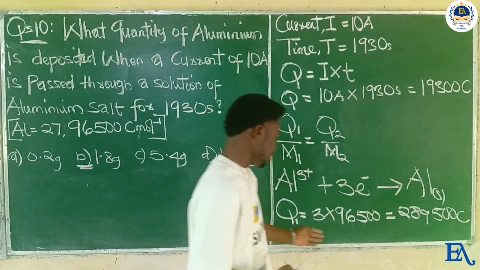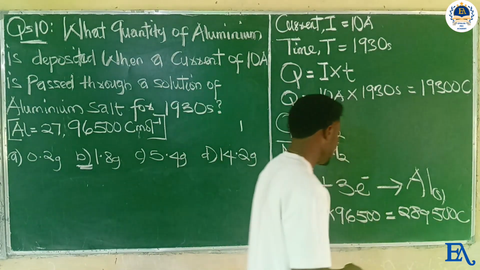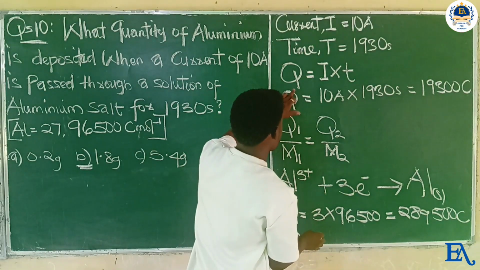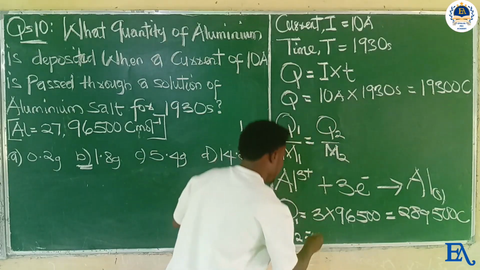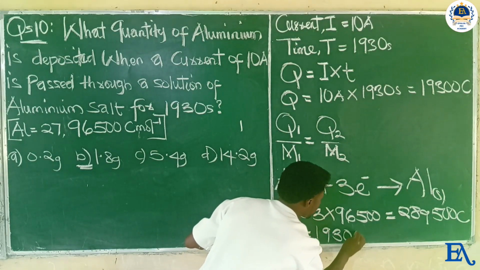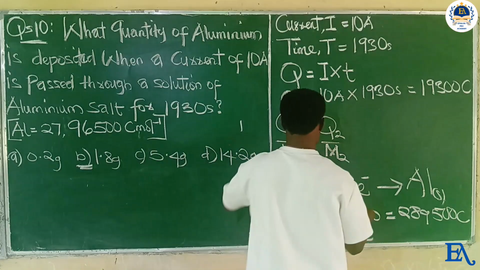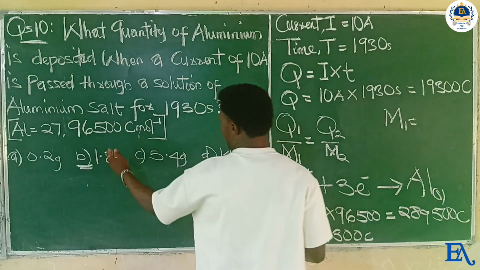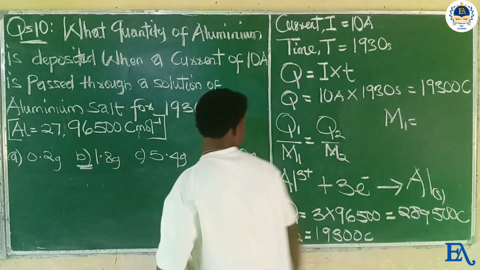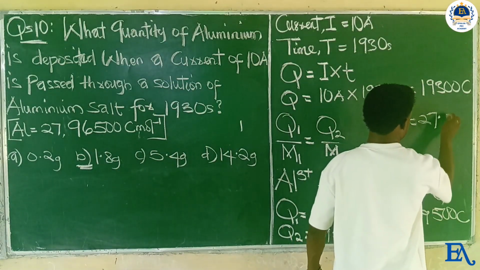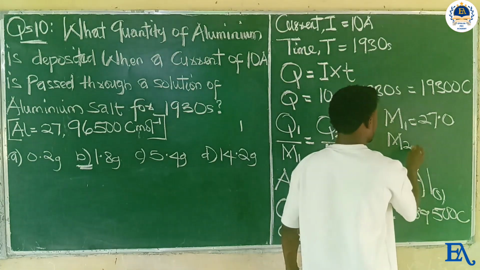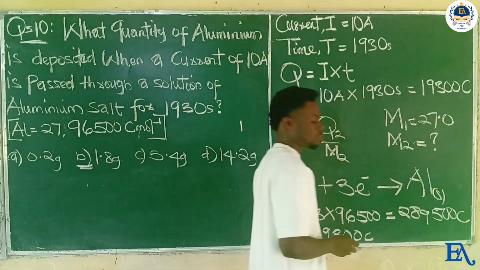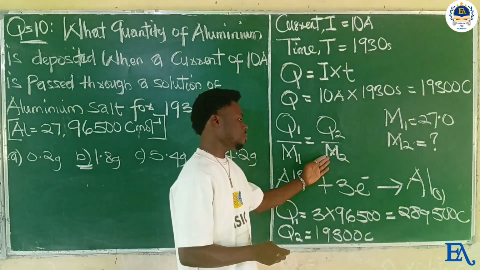So since Q1 is 289,500 coulomb, then Q2 is equal to I times t, and it was given to us as 19300 coulomb, where M1 is equal to the atomic mass of aluminium, which is 27.0, and M2 is the expected mass of the element in the question. So we are going to make M2 the subject of the formula from here.